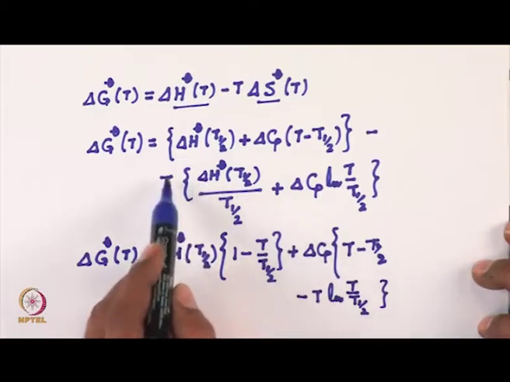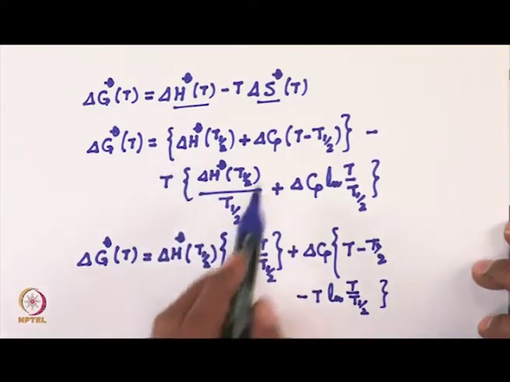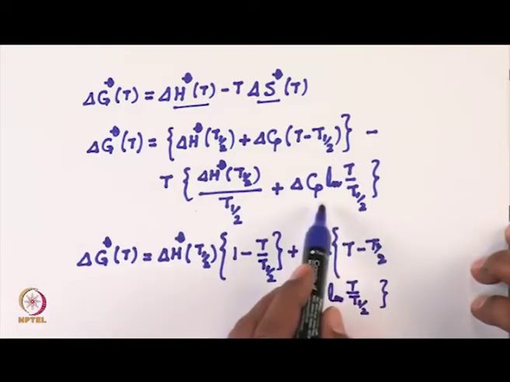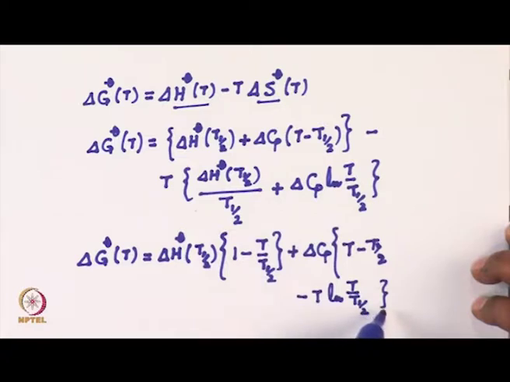Delta H naught into 1 minus T by T half plus delta Cp, T minus T half will come here, and then minus T log T by T half will come from this. So I have an expression for temperature dependence of standard reaction Gibbs energy. Now let us go to the slide.